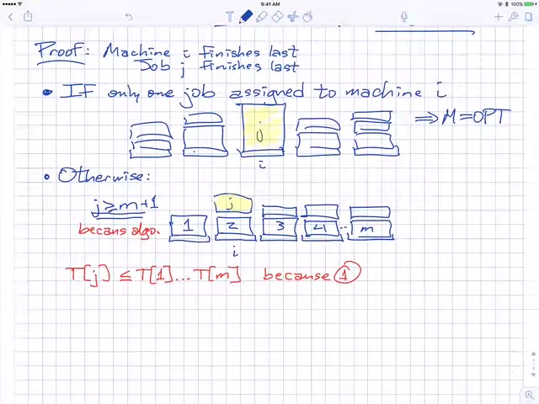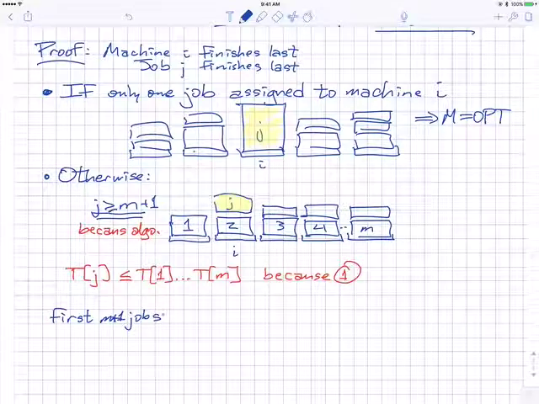Let me think about the way that the scheduling algorithm behaves on these first M plus 1 jobs. They might include job J or they might not. So if I just think about the first M plus 1 jobs, what is that schedule going to look like?